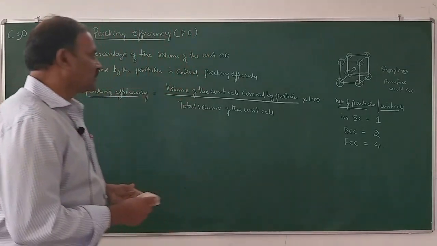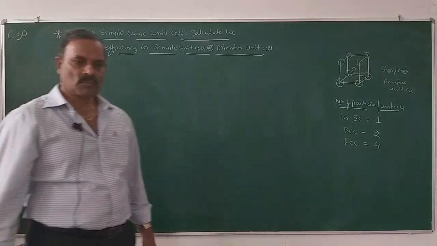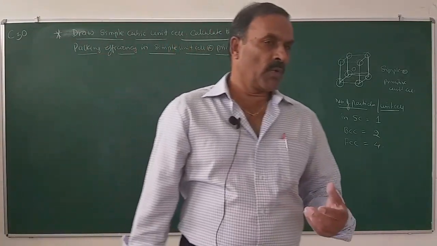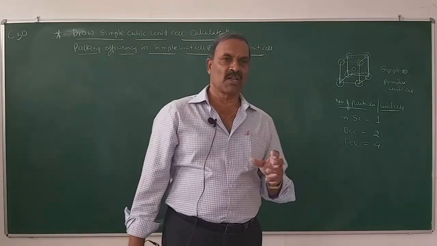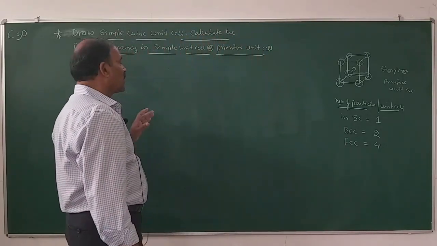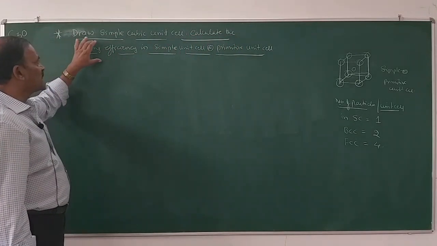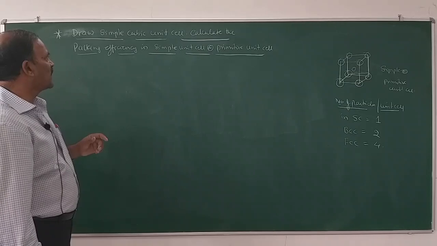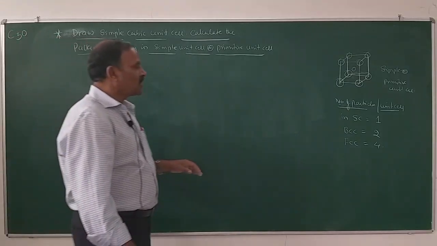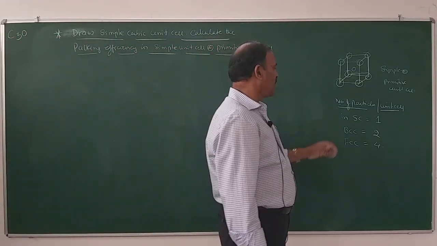So now we will calculate the packing efficiency in different types of unit cell. These are all very important. 100% these questions will definitely be asked in your examinations. Out of these 3 questions, definitely one question will be asked.